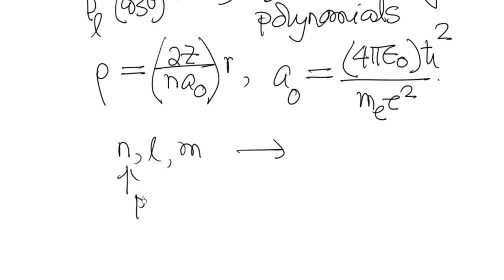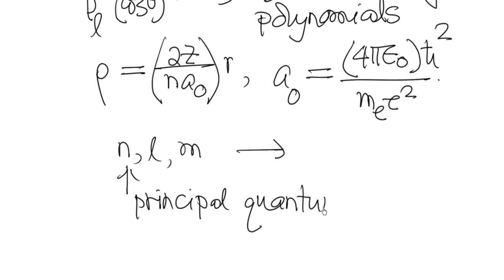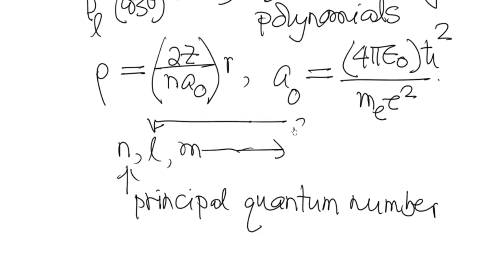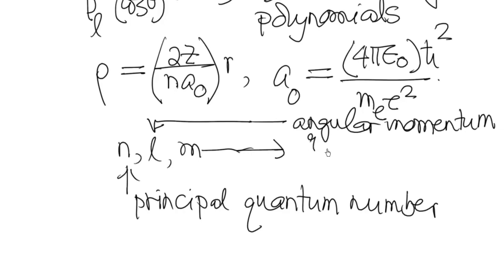This is known as the principal quantum number, this is the angular momentum quantum number, and this is the magnetic quantum number.